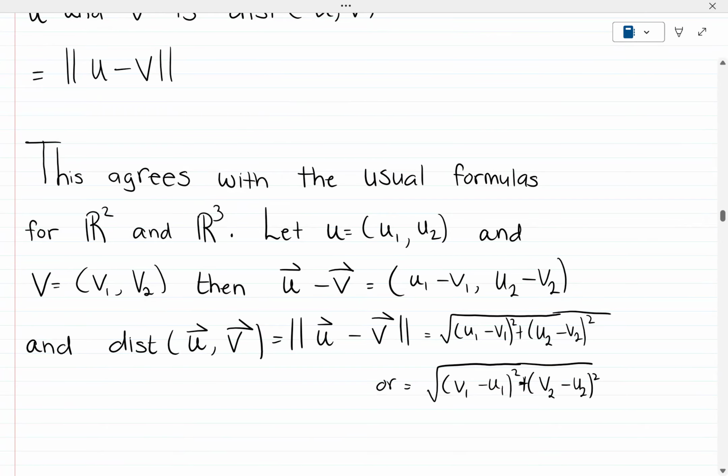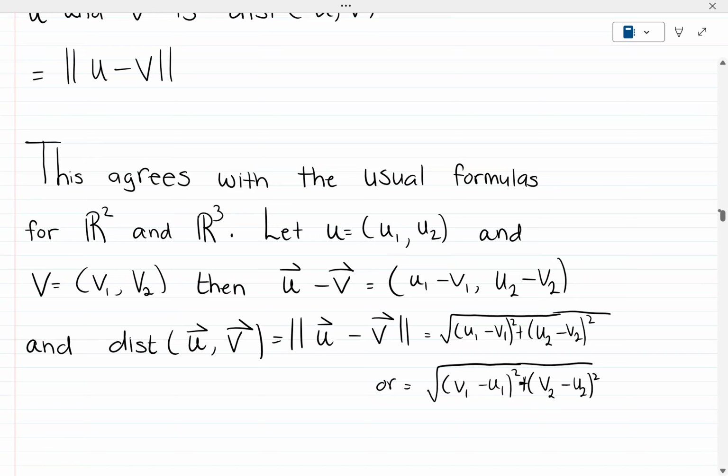And the distance of vector u comma vector v is the same thing as the magnitude of u minus v, right? I kind of like to show you an image. After plotting those vectors, you have a little line and you find the magnitude. That's the same thing here.